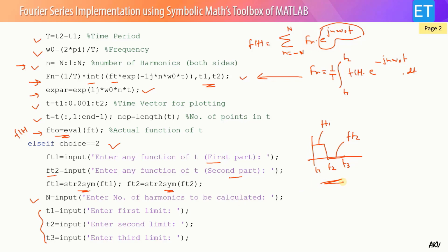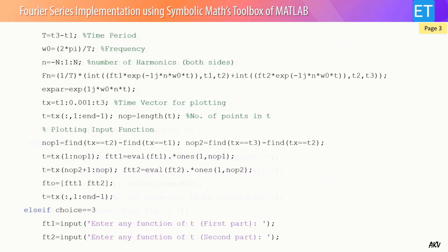Okay. After that we find the time period, that is t3 minus t1, your omega, and then your n vector, that is from minus n to plus n, to compute this sigma from n equals minus n to plus n. And then again we are finding this fn.